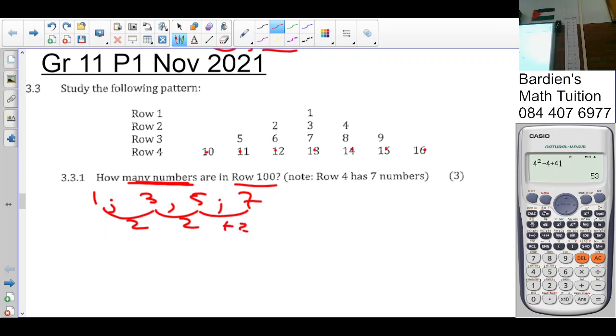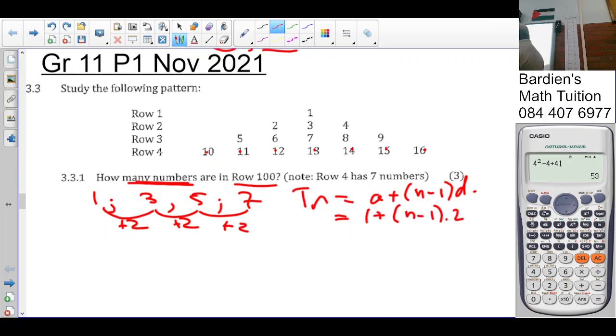So what's the general term here? Tn is equal to a plus n minus 1 d. So my a value of course is going to be 1 plus n minus 1 times 2, which is 2n minus 1. So that's a general term. But they want to know the position 100.